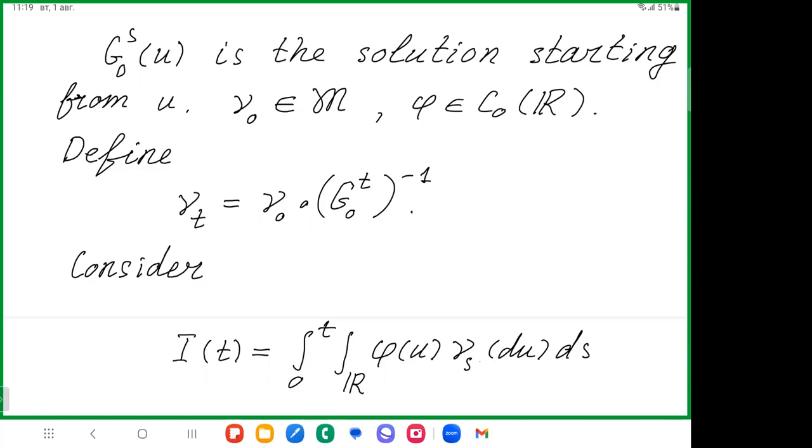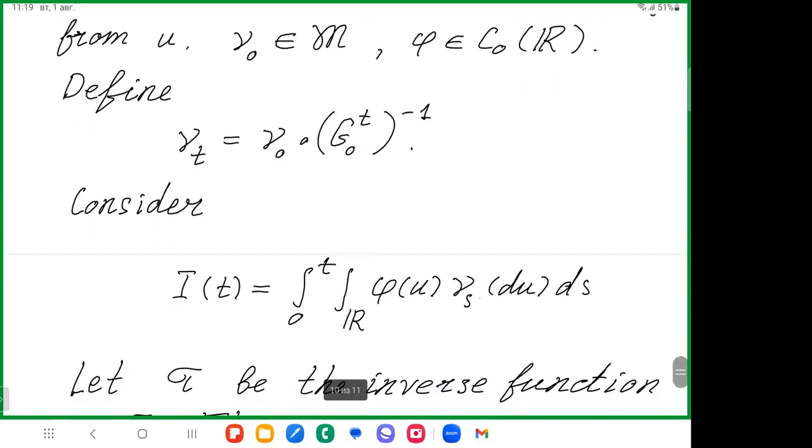We just consider the amount of weights collected by our function phi during the time from 0 to t. And this is an additive functional. Moreover, it is non-decreasing, because, as I said, phi must be non-negative.